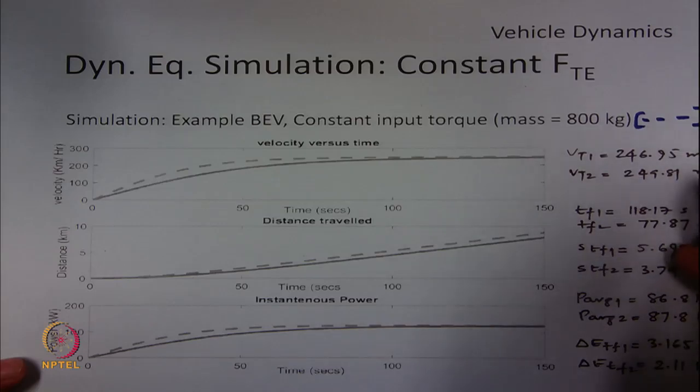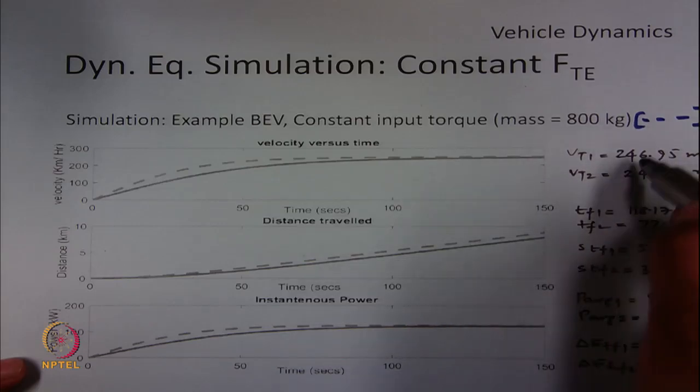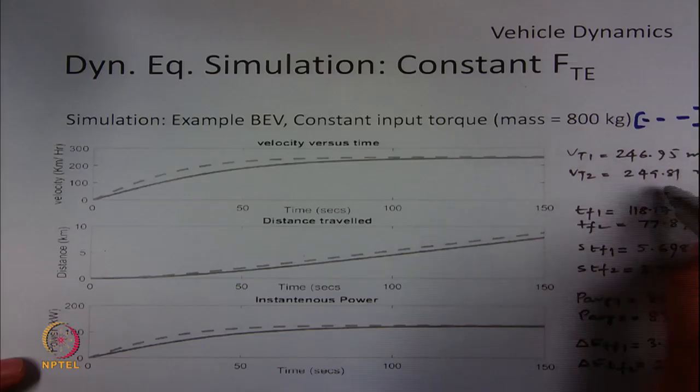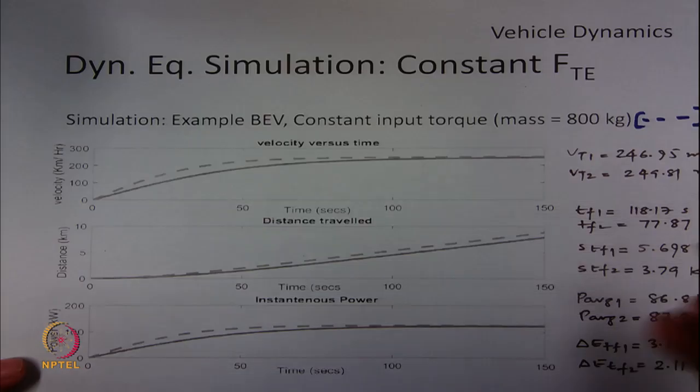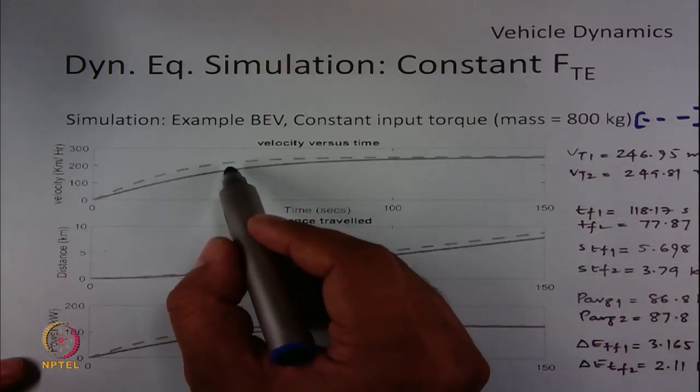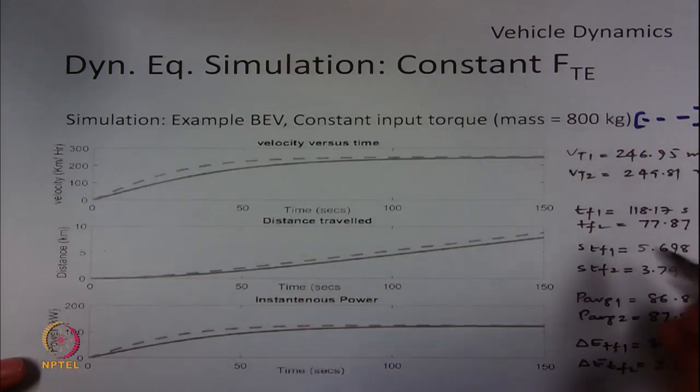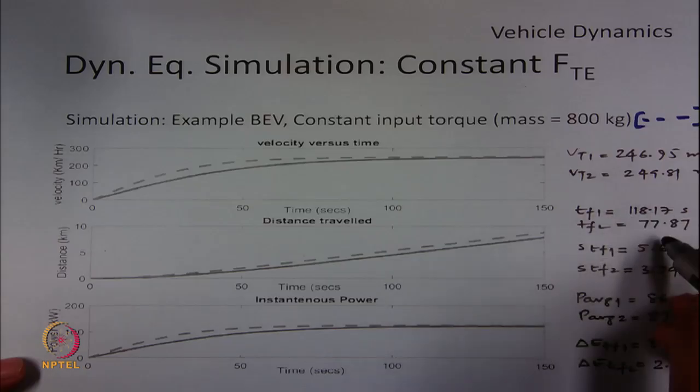The terminal velocities are very similar: in the first case it was 246.95 and in the second case it was 249.81. But since the acceleration is faster in the second case, the time required to reach 98% of terminal velocity is lower in the second case. It is reduced from 118 to 77.87.